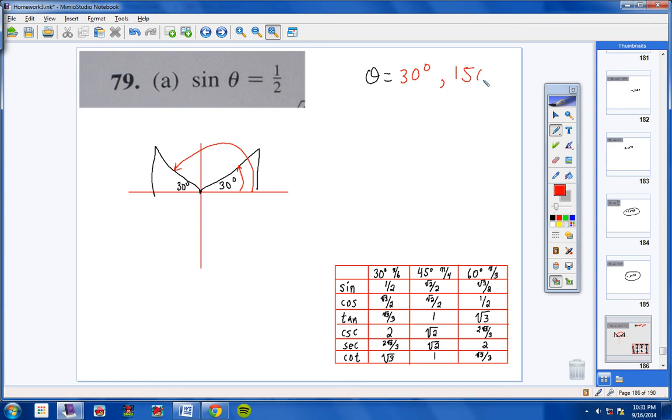Now if you want to convert those over to radians, which you're supposed to do, 30 degrees is pi over 6, and you would get 5 pi over 6 also, if you converted 150 to radians.